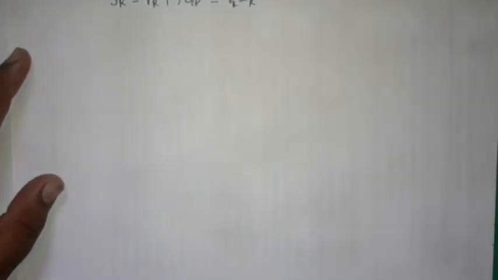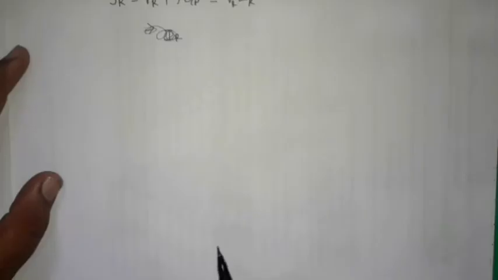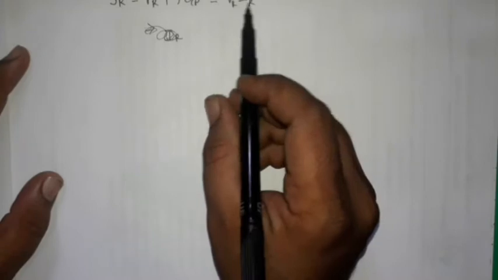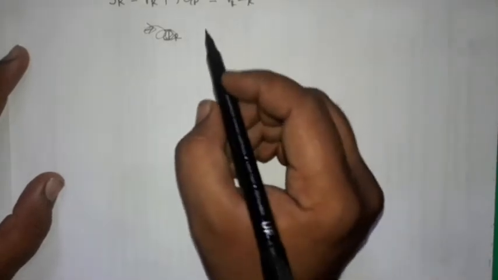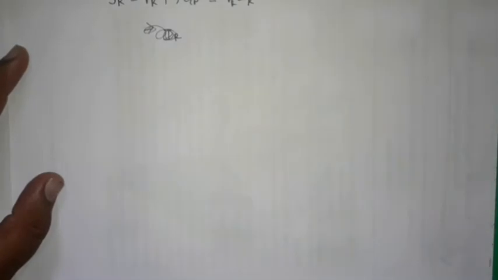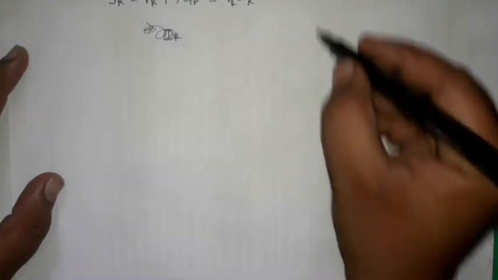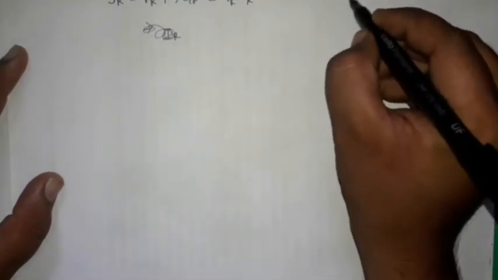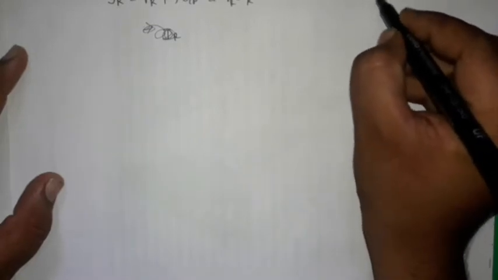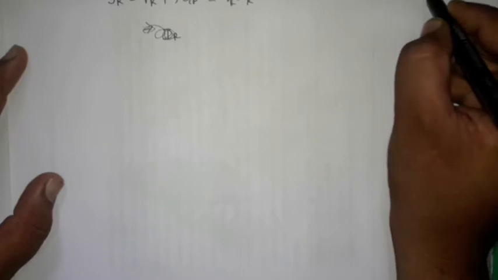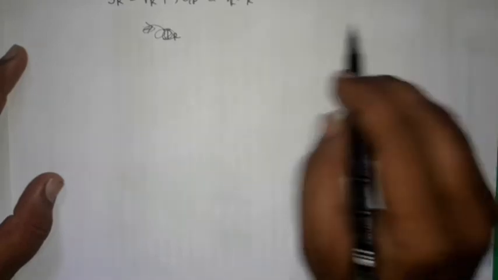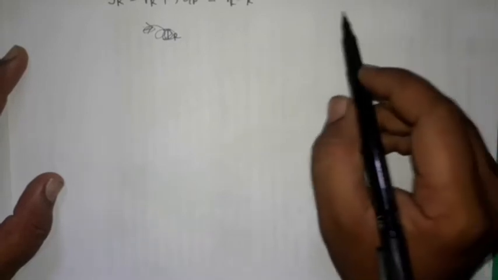If we study here, first we find the current IR, and to find the current IR we take our transmission line generalized equation Vs equal to VR into A plus B into IR. We studied this equation in the previous lecture.